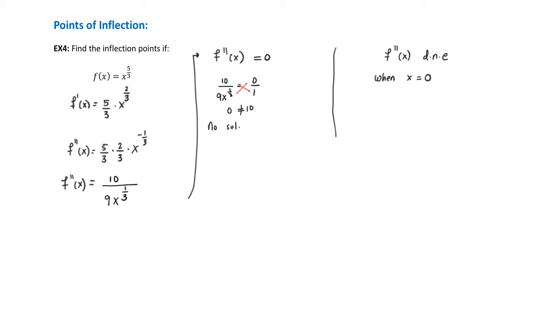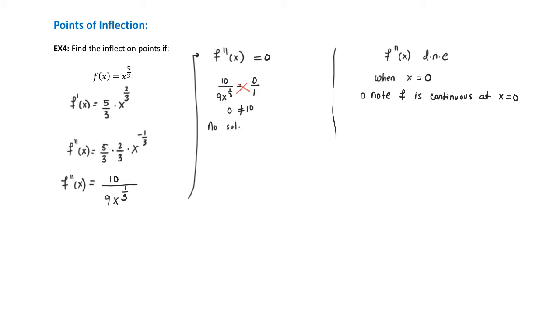But before I declare this as a possible place where I may have a point of inflection, I have to make sure that the function is continuous there. And if I go back to the original function, f of x is beautifully continuous. So we're going to make a note that f is indeed continuous at x equals 0.